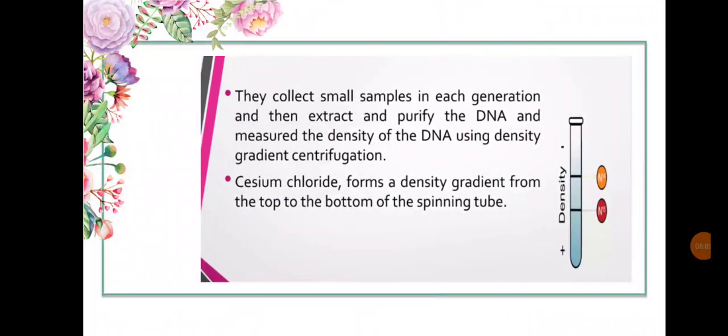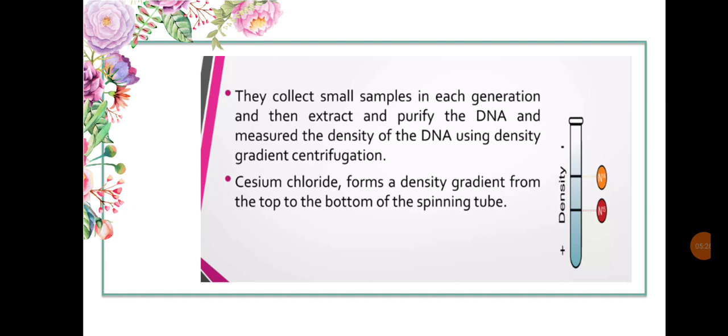Later, we collect the bacterial sample for each generation, extract and purify the DNA, and measure the density of the DNA using density gradient centrifugation. Here we used two isotopes: one is heavy N15, the second is light, low-density N14.